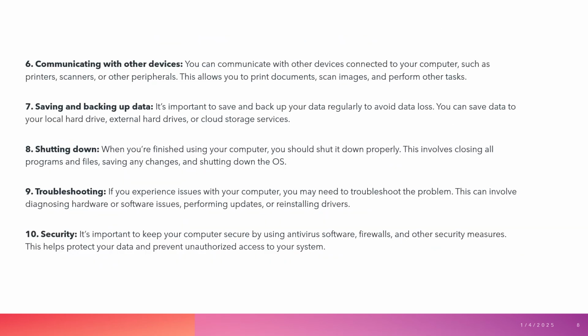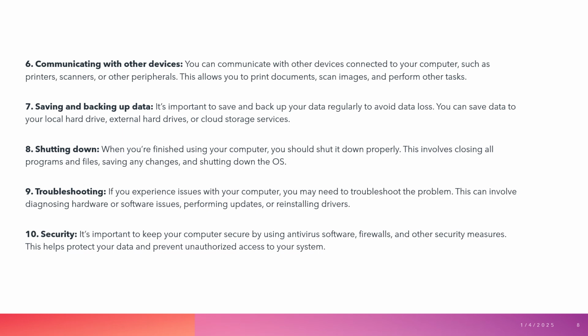The next terminology is communicating with other devices. We can communicate with the devices connected to computers with the help of peripheral devices or input-output devices that we earlier talked about. Next is saving and backing up of your data, which should be done regularly in order to avoid any data loss.